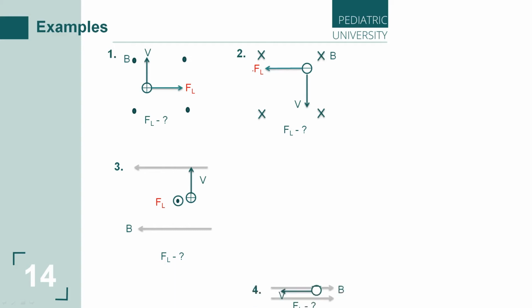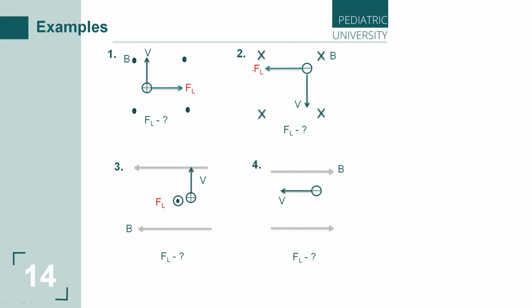And the last example. It's known that a negative charge moves to the left. Don't forget about the negative charge. While the magnetic field lines are directed to the right. Then, again, according to the left-hand rule, and don't forget about the negative charge, we understand that something is wrong.